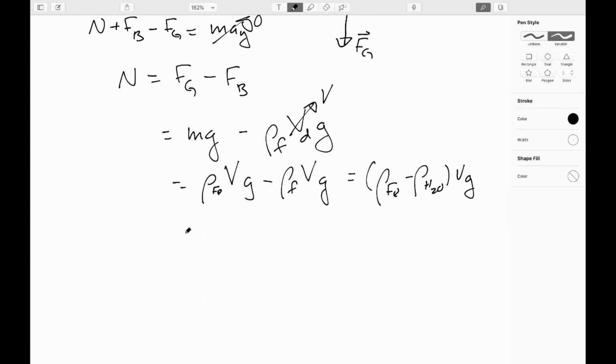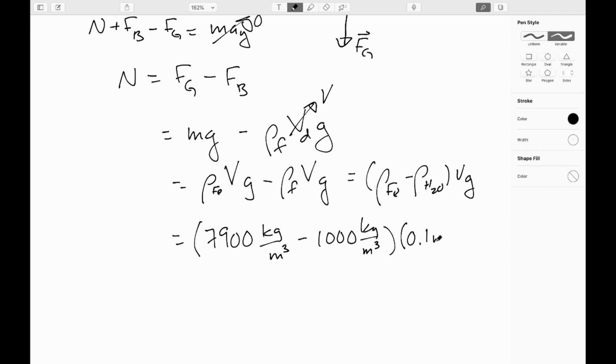So the density of steel, I should say, that's the number I looked up, is 7,900 kilograms per cubic meter. Density of water is 1,000 kilograms per cubic meter. And the block is 10 centimeters on the side. Now we've got to work in cubic meters, so the volume is going to be 0.1 meters cubed, times 9.8 newtons per kilogram.